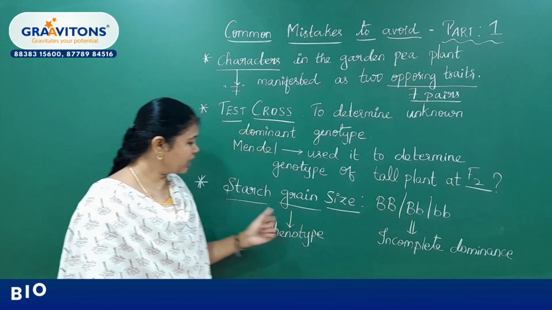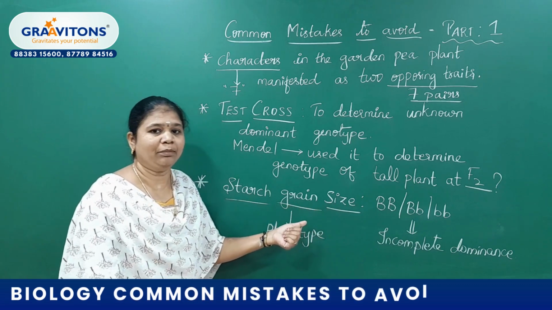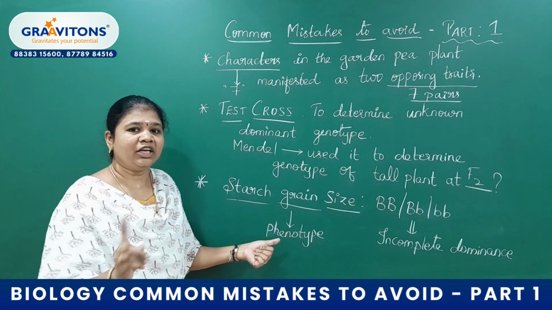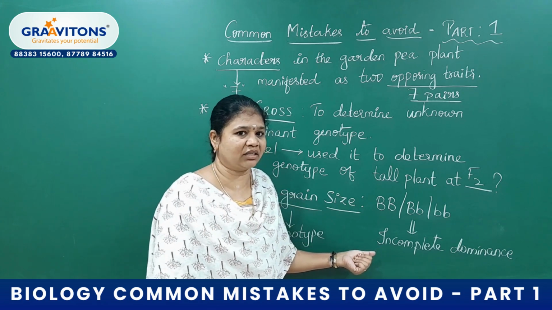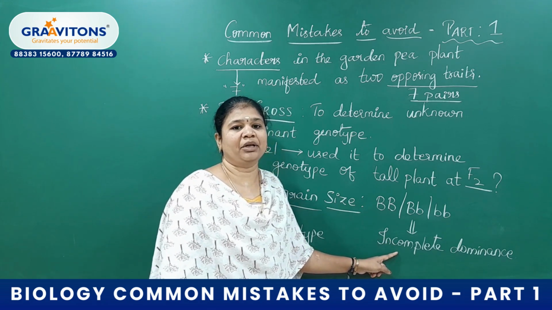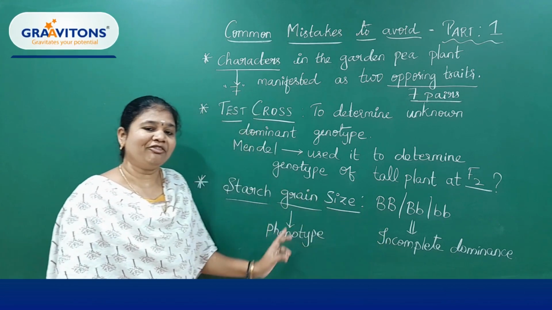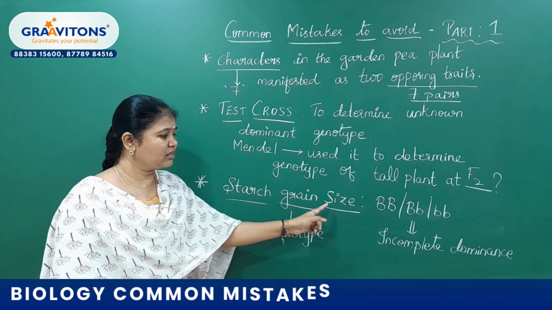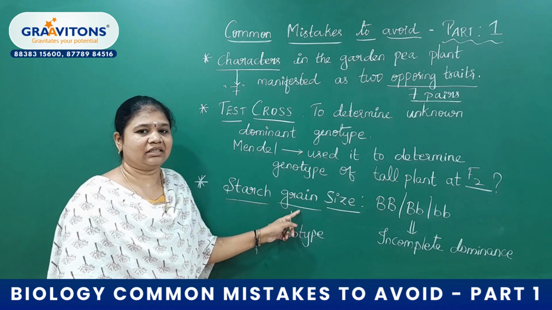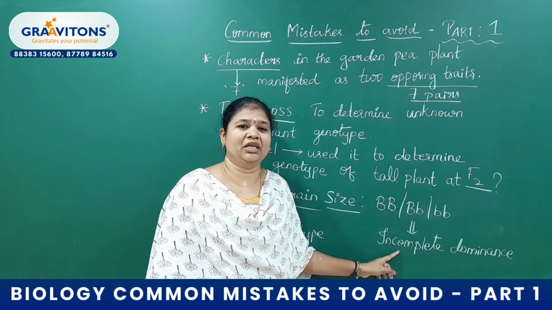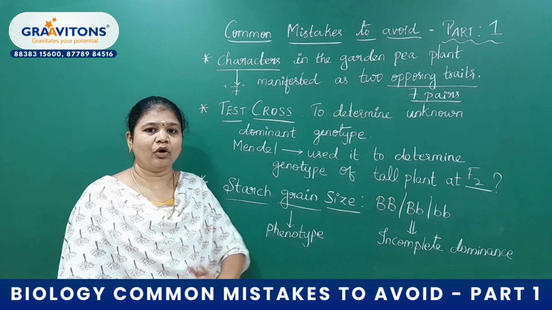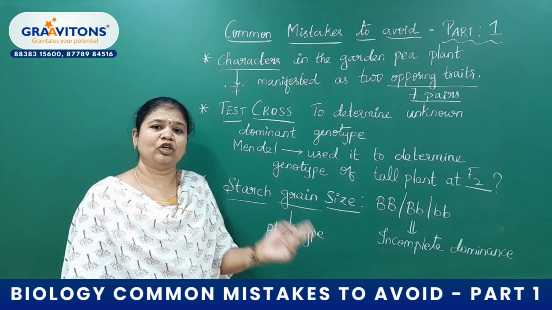So if you are taking starch grain size in pea plant as the phenotype, it will not show dominance or recessiveness, it will show only incomplete dominance. If they ask about starch grain size or seed size, it is incomplete dominance, and for seed shape or seed color, it is dominance.